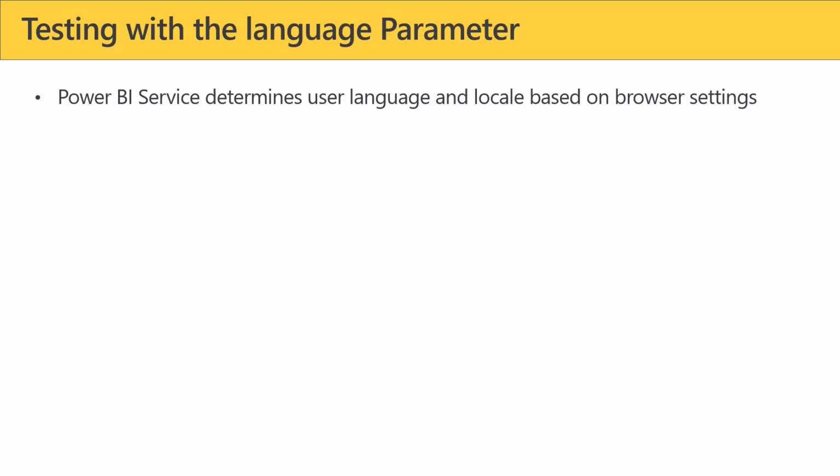Okay, let's summarize what we've just learned. Now, let's say you're not using the language parameter in the report URL. Well, in that case, the Power BI service is just going to determine the user's language and locale, by looking at the user's browser settings. So whatever they've set up in Chrome or Edge, will basically dictate how the user context gets loaded, as the report is loading.